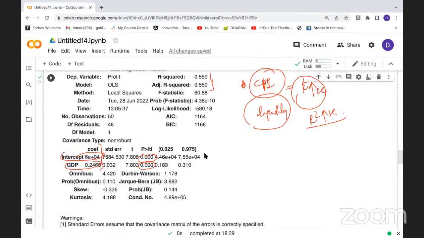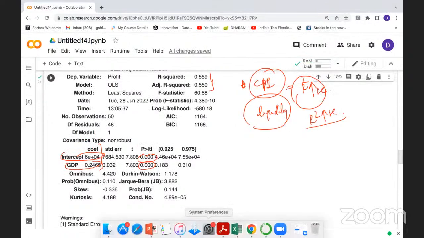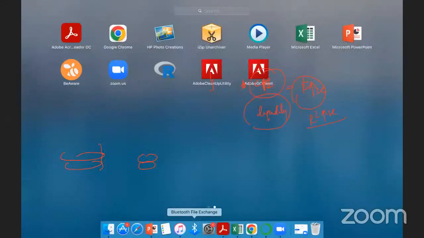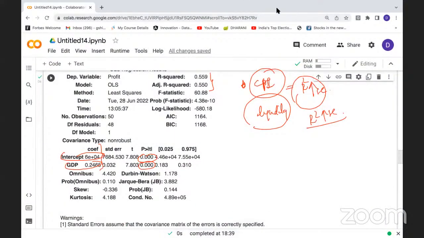So now one more input. If you take here cost income ratio, adding one more input. So what is the equation here? It will become beta naught plus beta 1 x1 plus beta 2 x2 plus beta 3 x3. Then, to improve your R square value, to improve the predictivity of this data, the R square keeps on increasing if you keep on adding inputs.